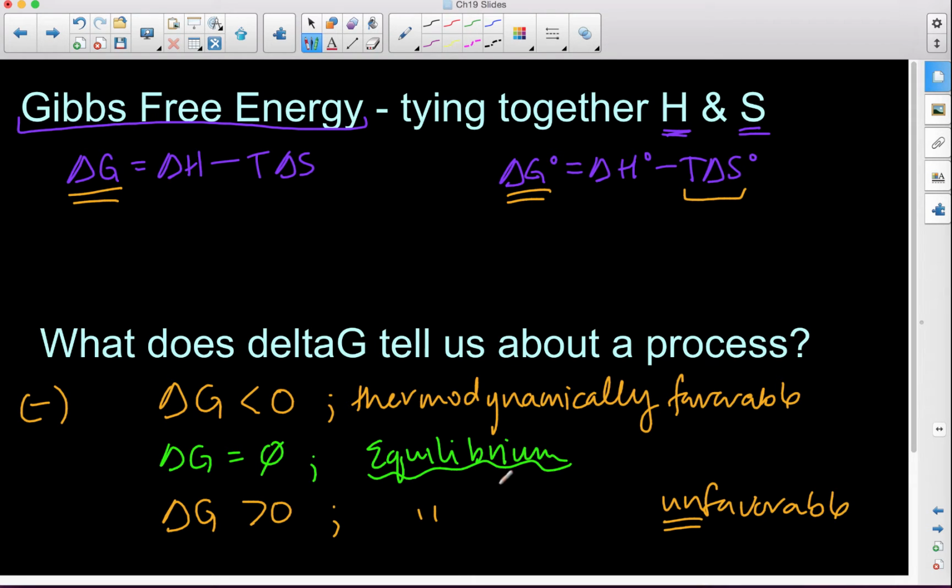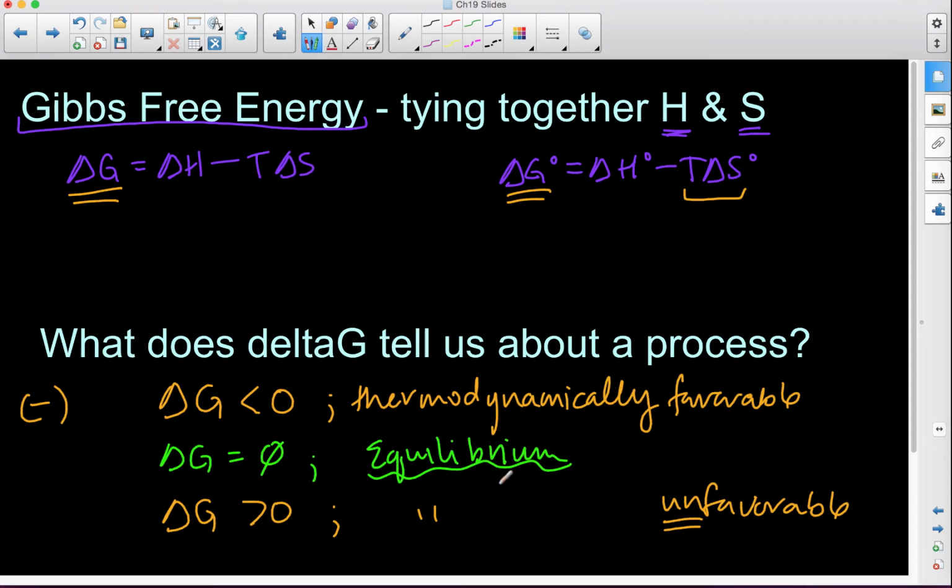Equilibrium means macroscopically there is no further change observed in my process. Microscopically, it means there's no further change in the concentration of my reactants and no further change in the concentration of my products.